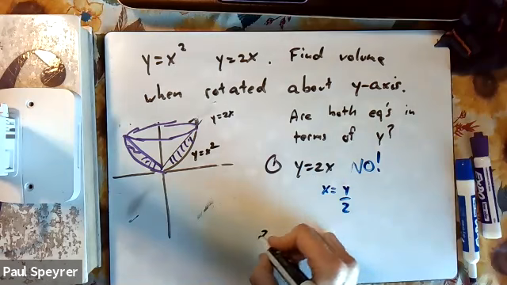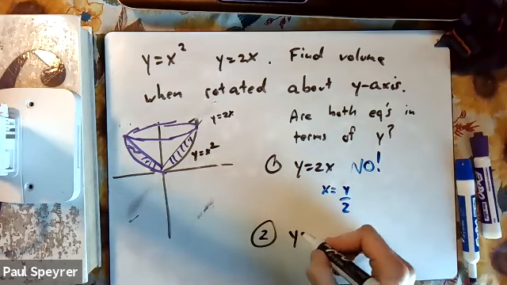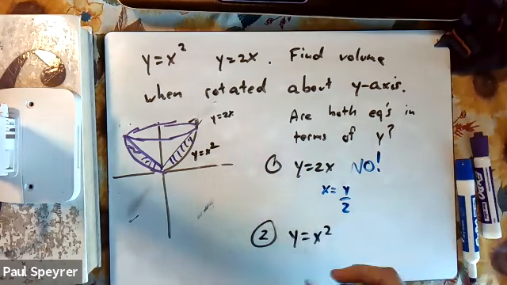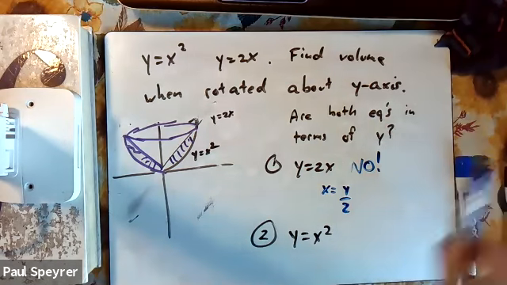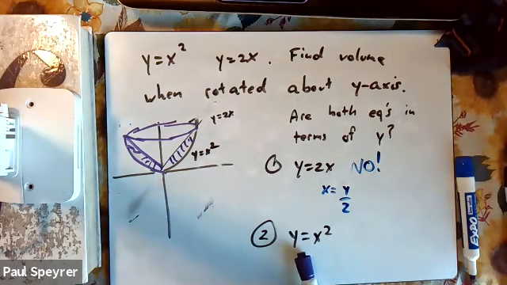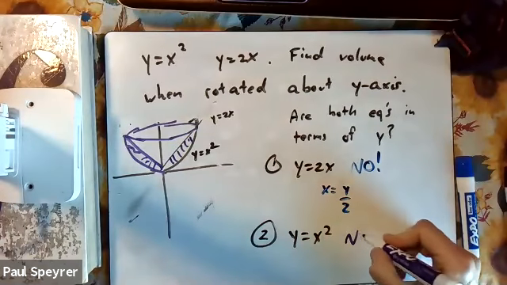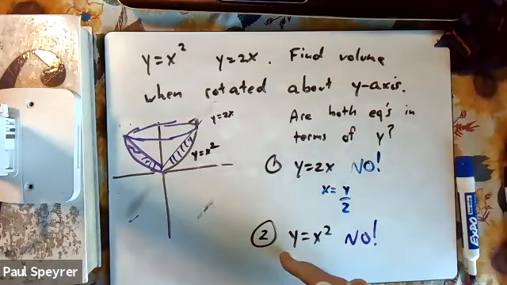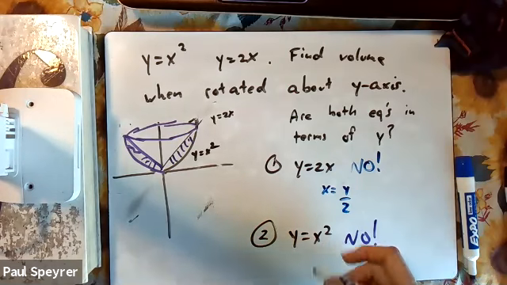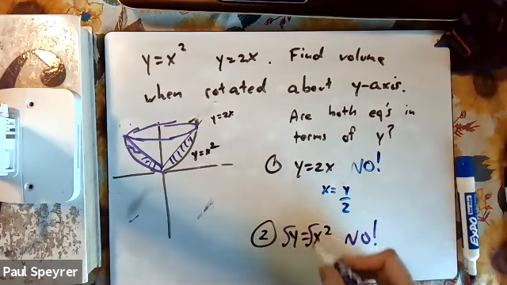What about the second one? Is y equals x squared in terms of y? Meaning, again, is it x equals something? No, because you have x squared equals something. How are we going to get x by itself right here? You got to take the square root of both sides, right? So you get x equals plus or minus square root of y.